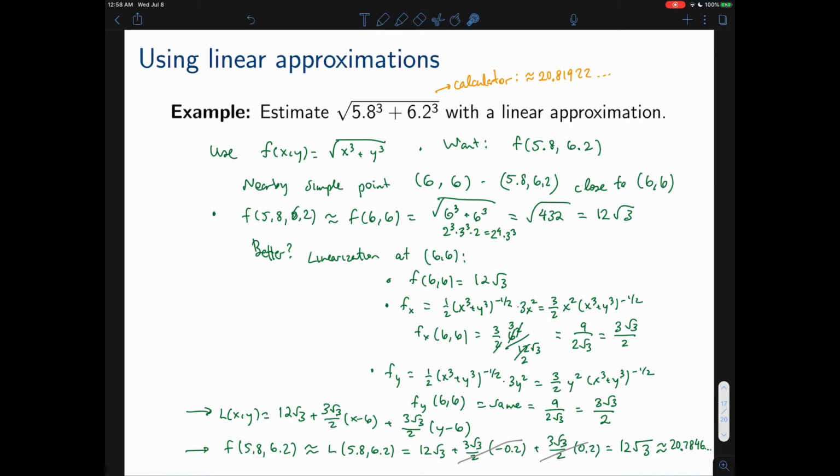Okay, so comparing our simple linear approximation, 20.78, versus 20.819, it's close. It got 2 significant figures, 20, and it was close on the third one, just a little bit off. So a pretty close approximation. So again, I hope that procedure made sense.